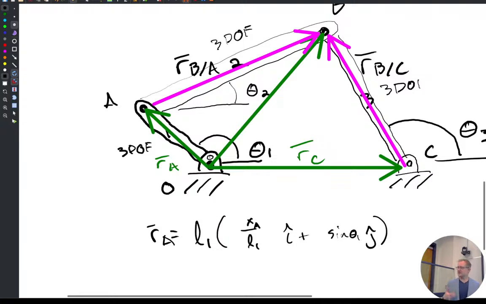I'm doing this because I'm thinking ahead to the next step. I need some equation with thetas in it because I know theta is changing, so I need some way to relate theta 1 change to theta 2 change and theta 3.